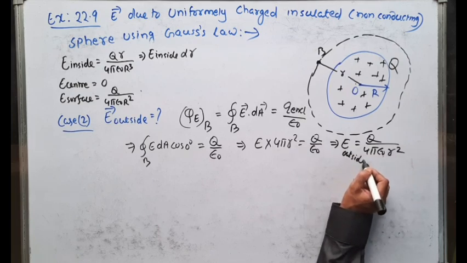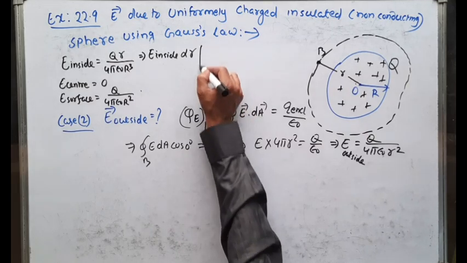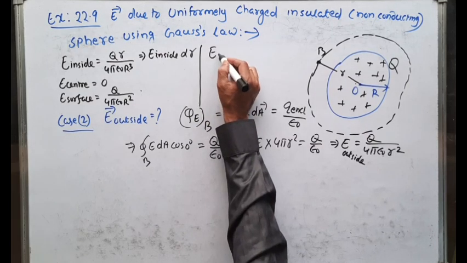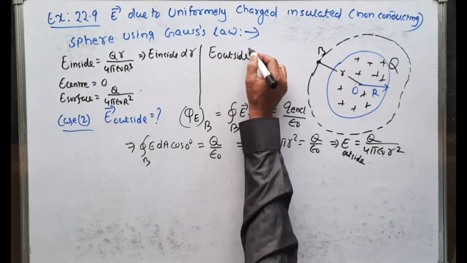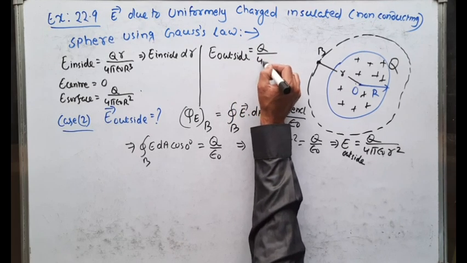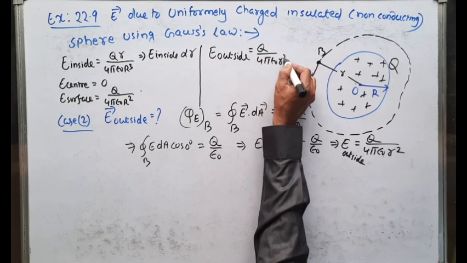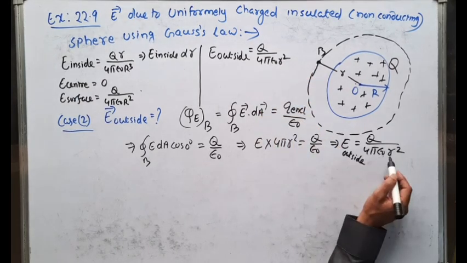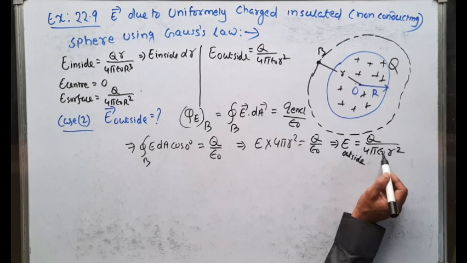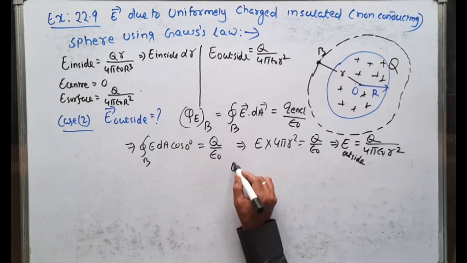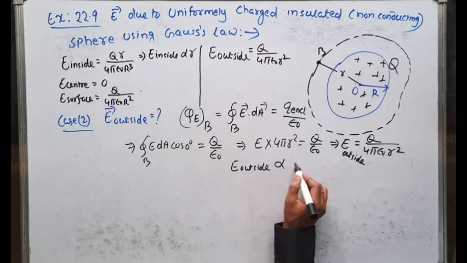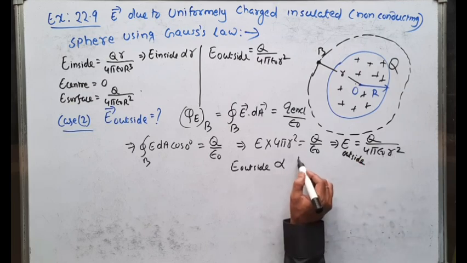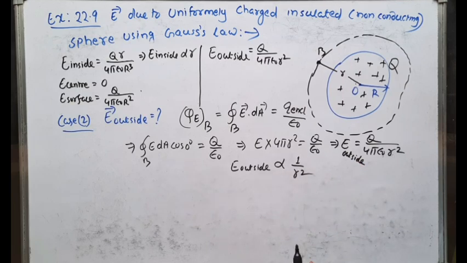Outside point. So here we can write the summary. The electric field intensity at outside point is equal to Q by 4 pi epsilon naught r square. But here we see Q is constant, 4 pi epsilon naught constant. So we can conclude that at outside point, electric field intensity is inversely proportional to square of the distance.